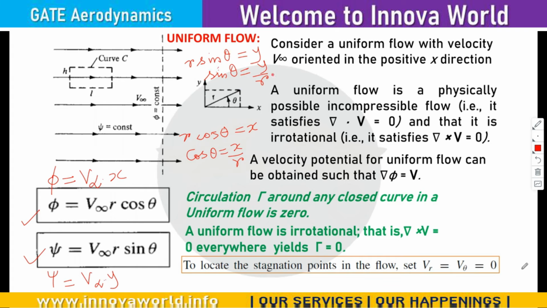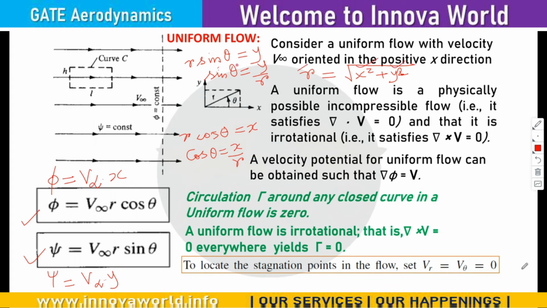Now how to find r? So always remember r equals to root over x square plus y square. Now if the x value and the y value is given, you can find the r.